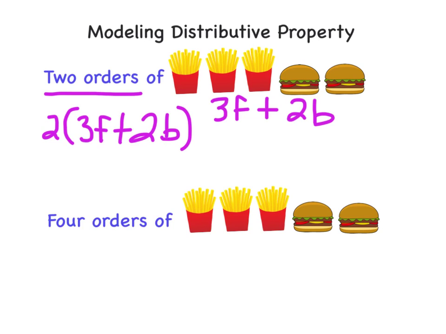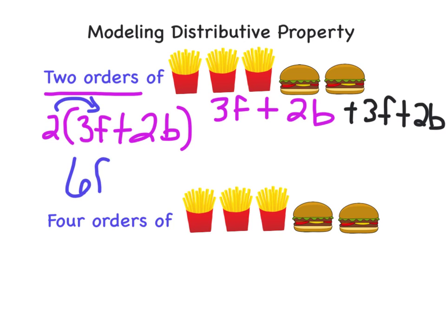Or you can also think of it as, well, I could write this same order twice, which is the same thing as multiplying, because multiplying is just repeated addition. So if we're thinking about that, we have 2 times 3 over here, which is 6F. And if I look over here, I have 3F and 3F, which is also 6F.